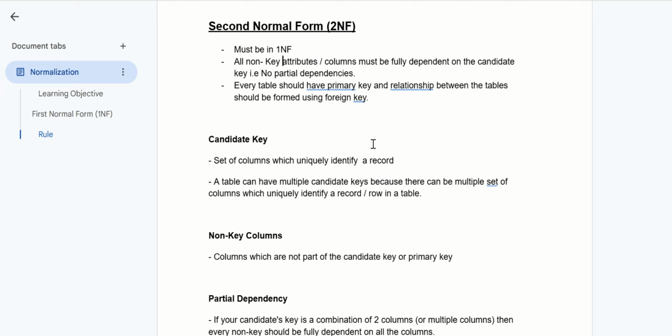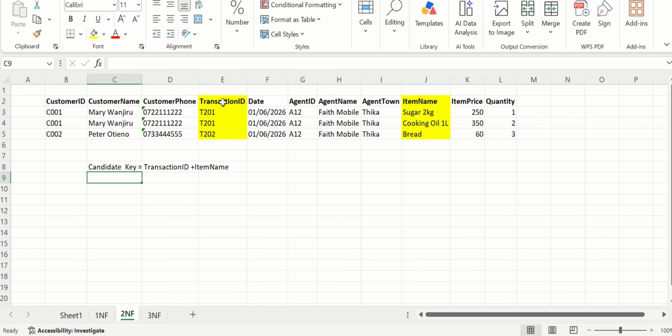All non-key attributes. So these are the keys that we have combined so that they can give us the candidate key. So the rest are non-key values. We only have the transaction ID and the item name as keys. When we combine them, they give us the candidate key. The rest of the columns will be non-key values.